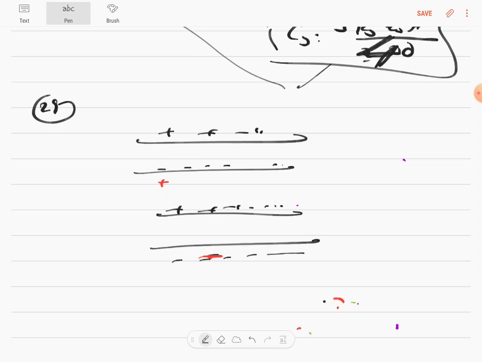And the area, this is positive, this is negative, this is negative.